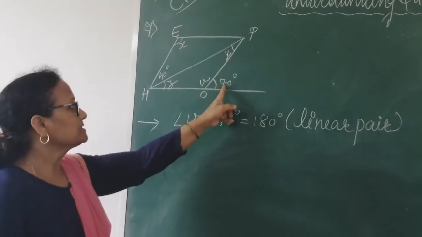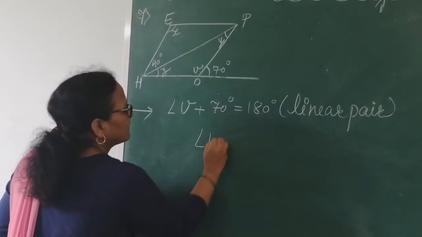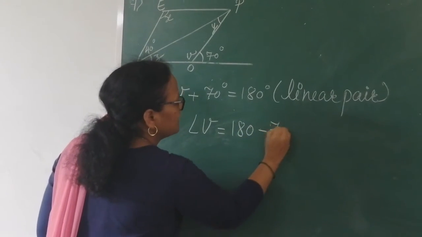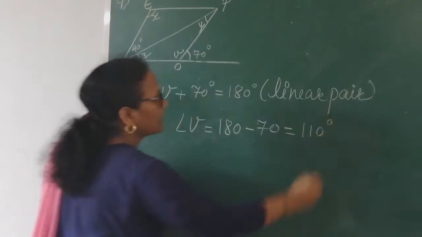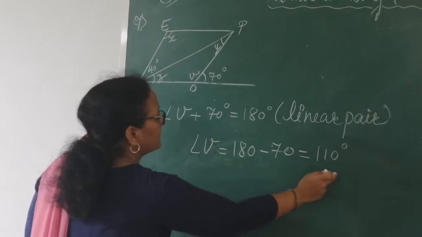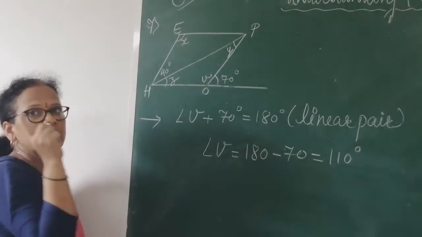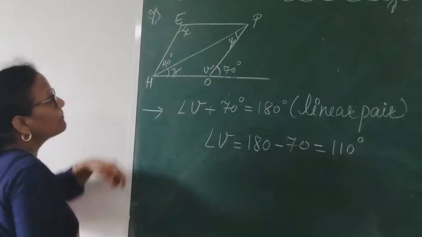Okay. Now V plus 70 is equal to 180. Now we will get the angle V. Angle V is equal to 180 minus 70 is equal to 110. Okay. Now here, V is equal to 110, that means X is also equal to 110. Why?